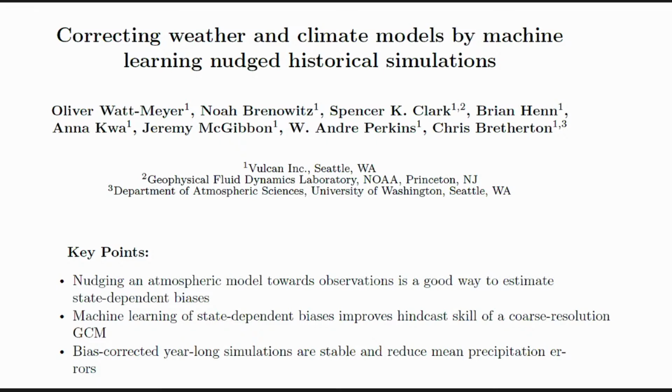And they train a machine learning method, in this case random forest, which we've touched on previously as well, to calculate a correction between the simulation and an analysis data set. So an analysis data set combining observations and inductive biases from simulators as well.